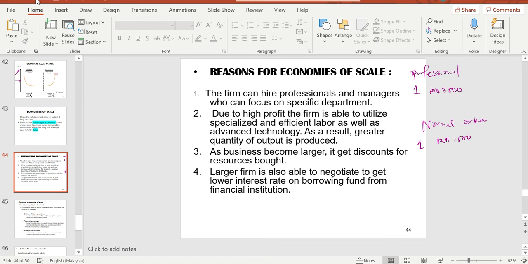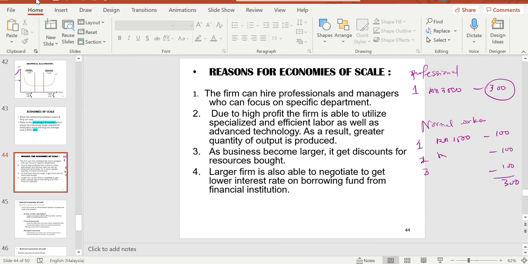Tapi professional workers ni boleh hasilkan 300 barang seorang. Sebab nama pun dia pro kan. Untuk normal worker, dia boleh hasilkan 100 barang sahaja. If you target untuk hasilkan 300 barang, kalau you upah normal worker, you kena upah 3 orang. Baru dapat 100, dapatlah 300.